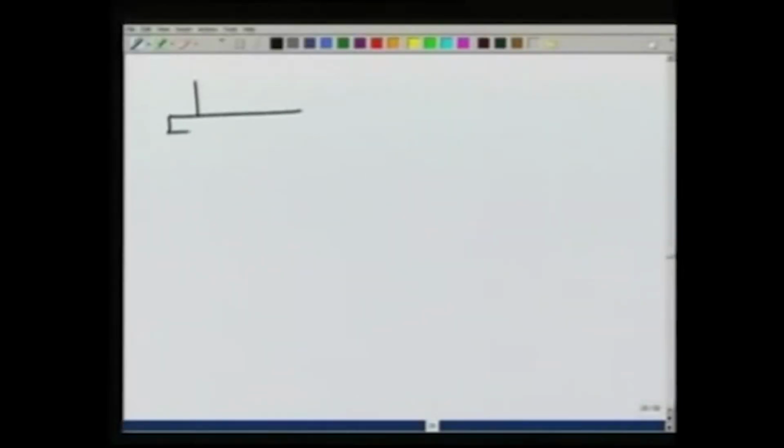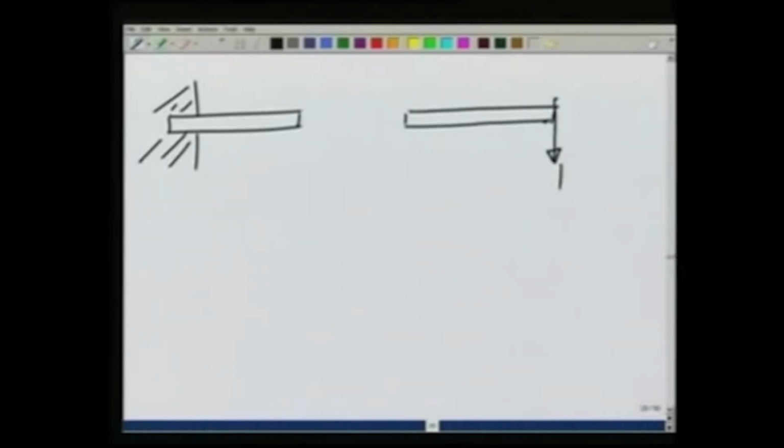So, what we did, we are looking at this built-in support, and when I apply a force in this direction, let us say W, at this point there is a normal reaction N1, and at this point there is a normal reaction going in this direction N2. Let us say this distance is B and this distance is A. Then since there is no force in x direction, I need not worry about it.